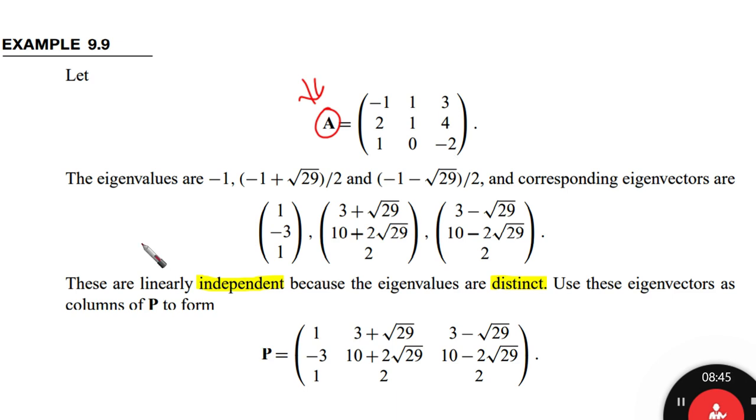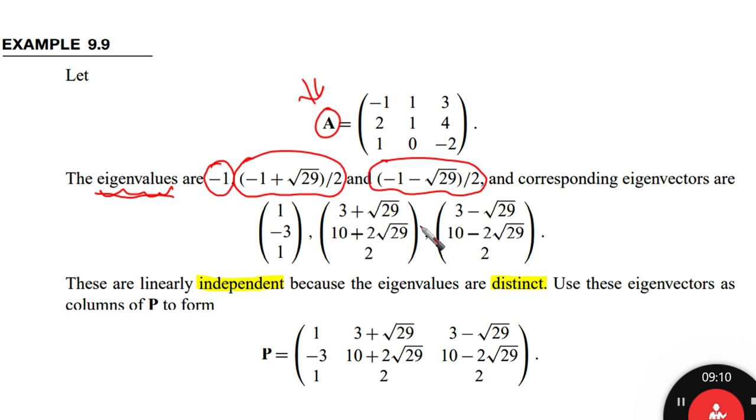Let's assume that the eigenvalues are given to us in order to check later what we are going to have. So the eigenvalues are -1, and the second is (-1 + √29)/2, and the last eigenvalue is (-1 - √29)/2.